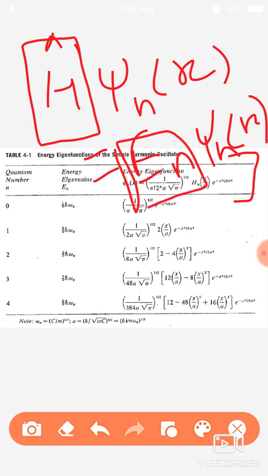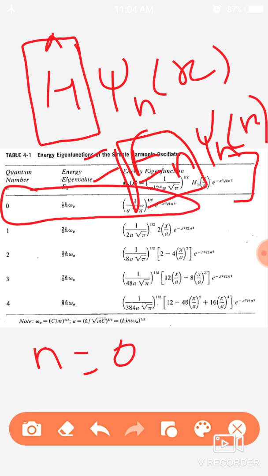E n equals the energy of the nth order. Here we can see that if we put n equal to 0, then corresponding to the 0 level we have the value not equal to 0, half h cross omega.